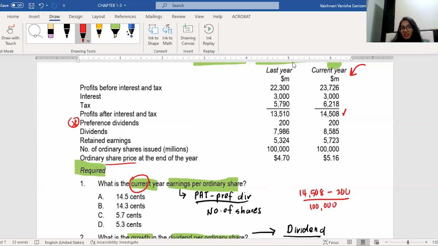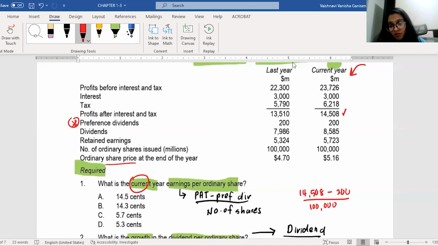If you have a calculator, you can use it to calculate your answer for question number 1.